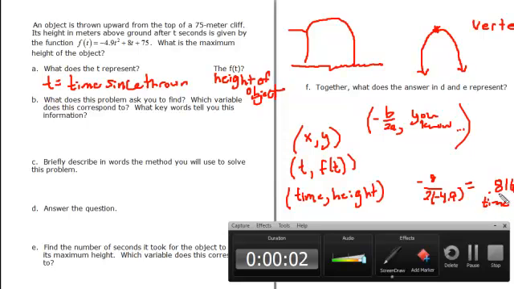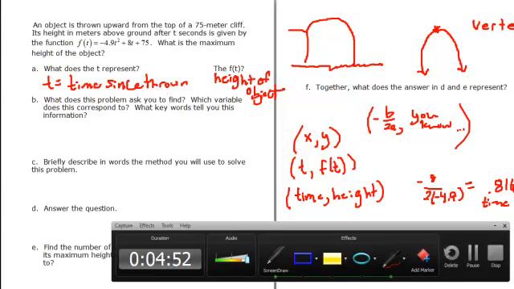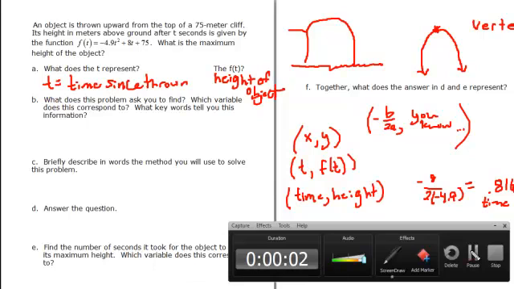So go ahead and plug the x value in to find your y value. Okay, so did you get 78.26?